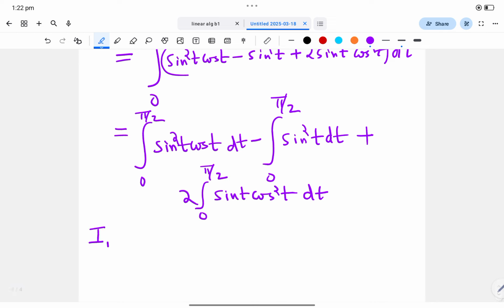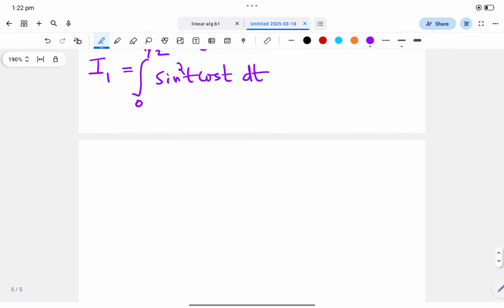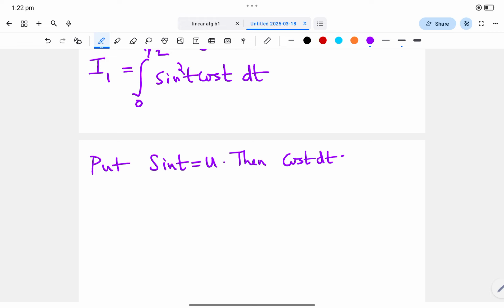Let I1 is equal to integral 0 to pi by 2 sin square t cos t dt. Then we can integrate this using the method of substitution. So put sin t is equal to u, then cos t dt is equal to du.